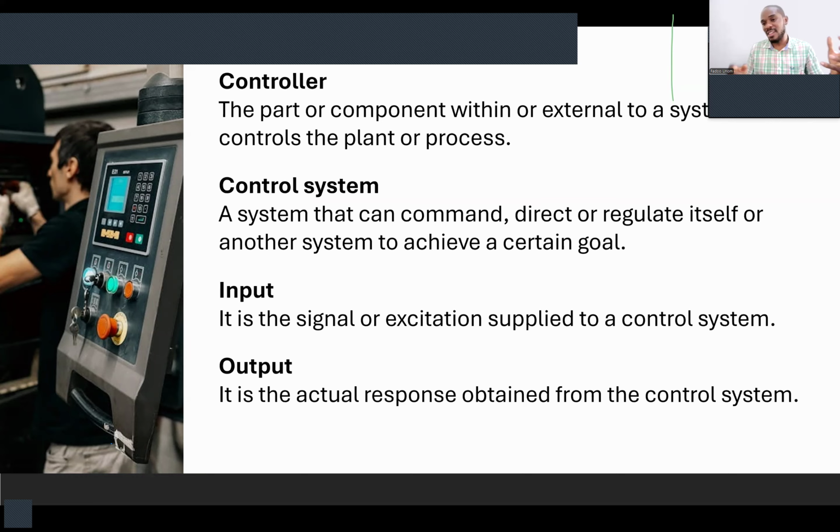That signal is usually sent to a control system, and it gives the control system information on what to do on the plant. So it is the signal or the excitation that is supplied to a control system. Your output is the response, the actual response that comes from the control system.